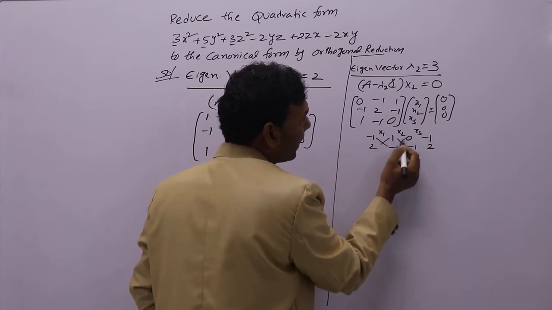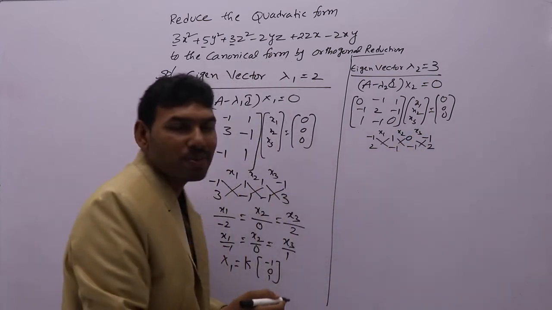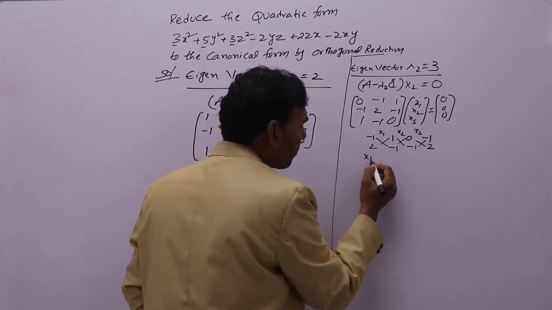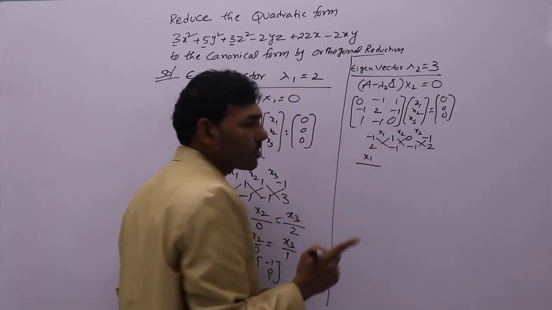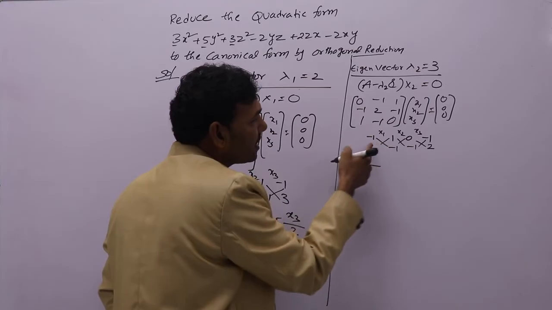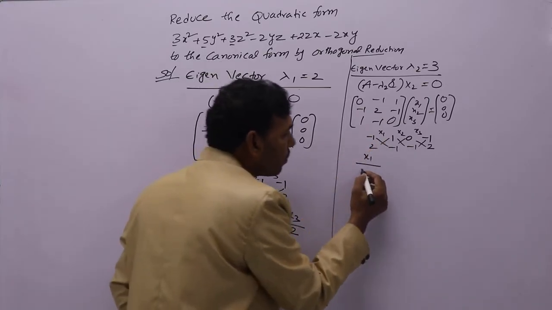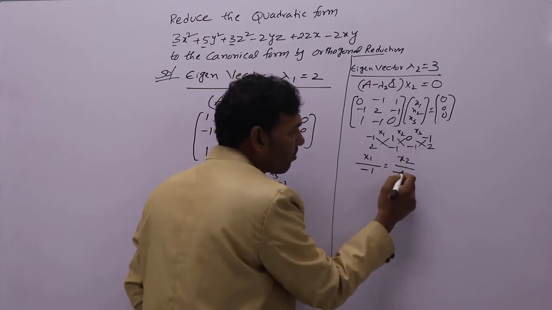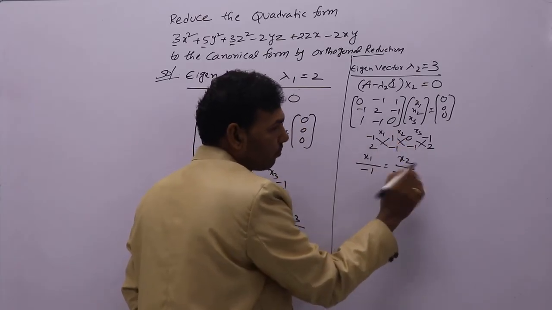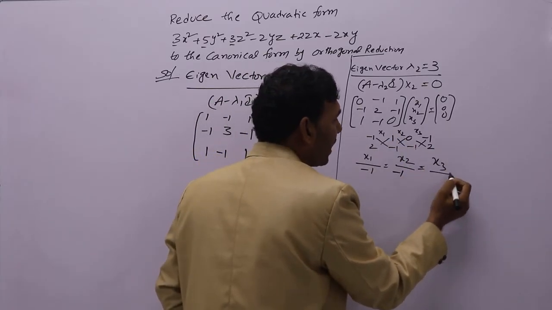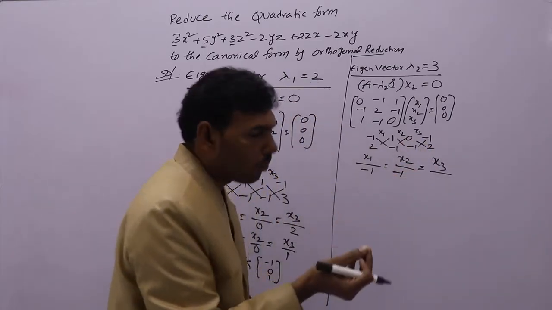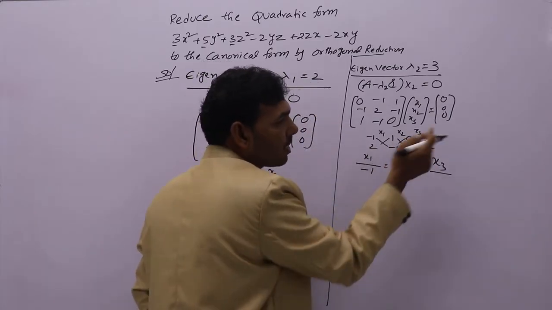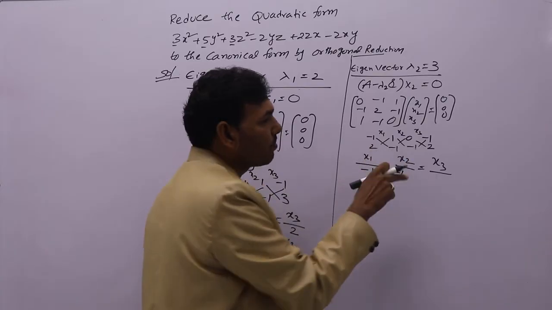AD minus BC technique. x1 by -1 into -1, 1; 1 minus 2, -1. x2 by 1 into -1, -1; 0 into anything, 0. x3 by 0 into 2, 0. Minus into minus plus. AD minus BC technique.